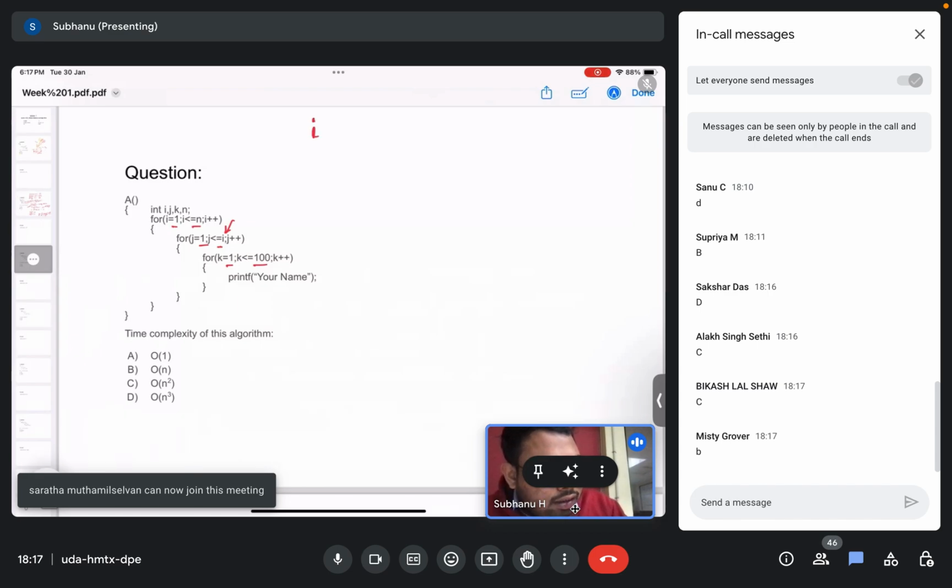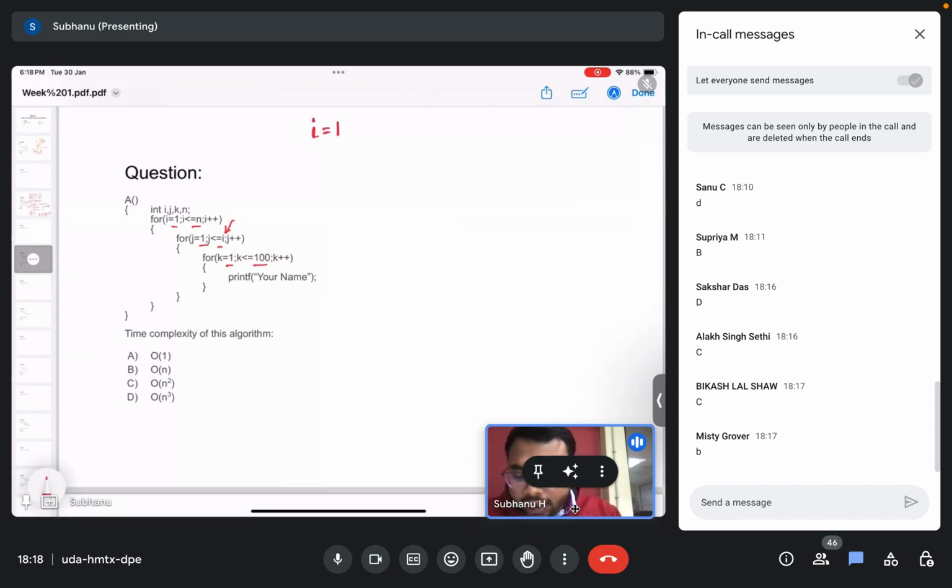Take the value of i equal to 1 and see what happens in terms of j and k. If you take i equal to 1, then you start from here, and j equal to 1 is reached, and you stop there because j meets the stopping criterion, 1 less than or equal to 1. Then you come to the k loop, k equal to 1 to 100.